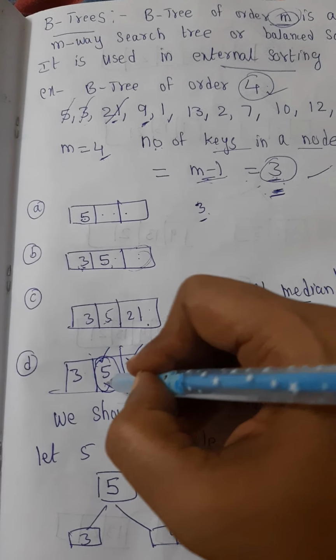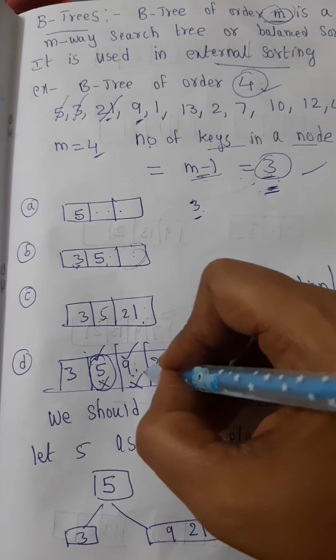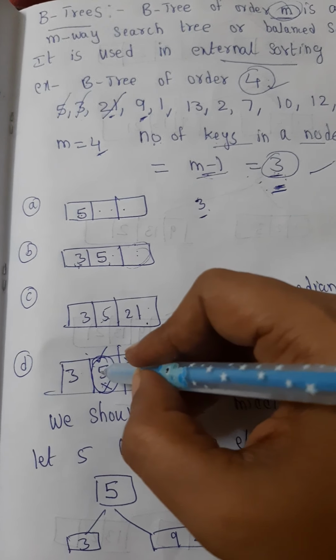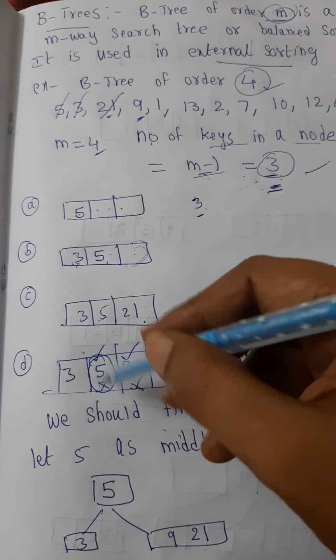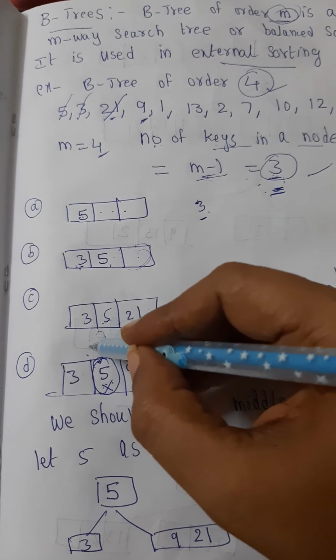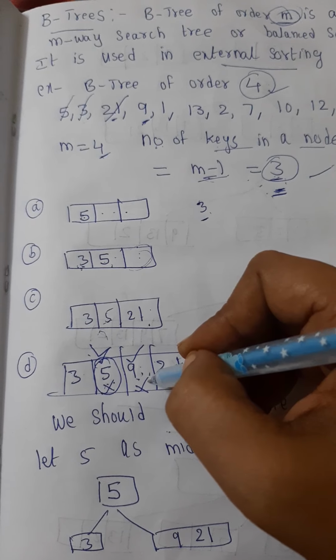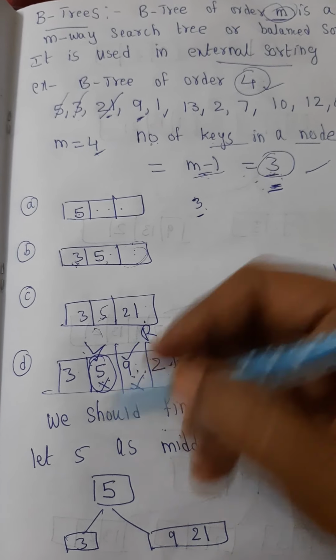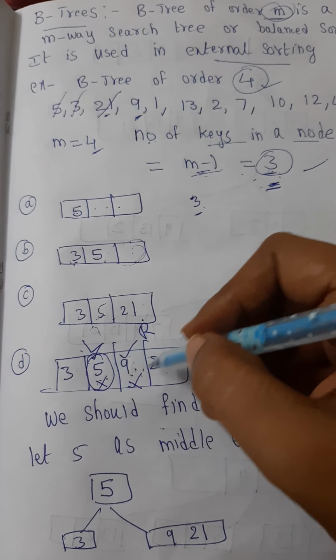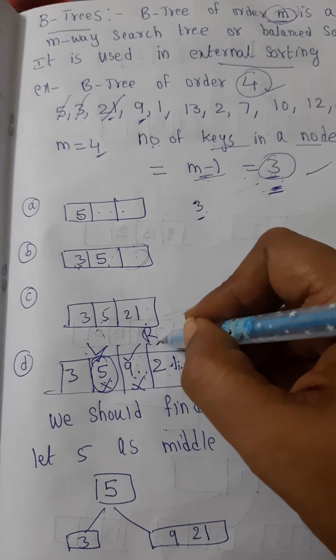If you select the left median, then throughout the problem you have to select the left median only, and if you go with the right median, you have to go with the right median throughout.